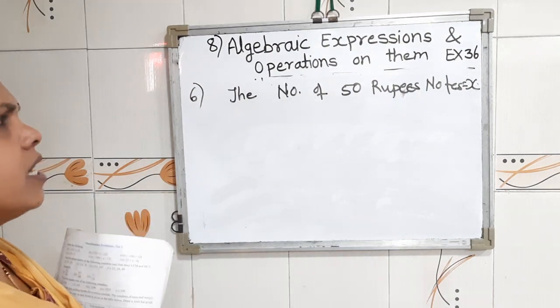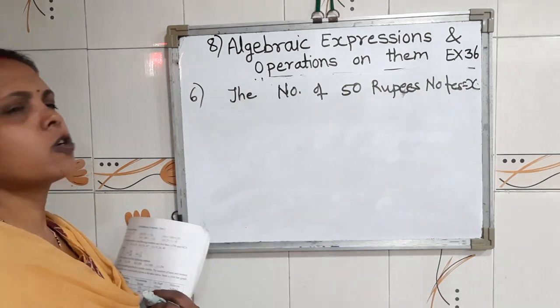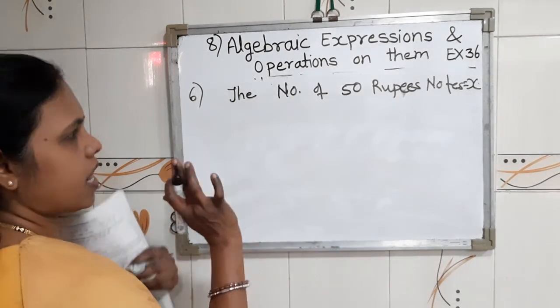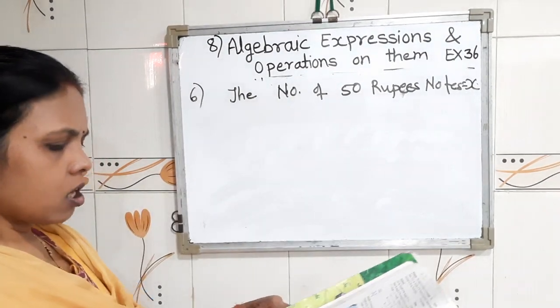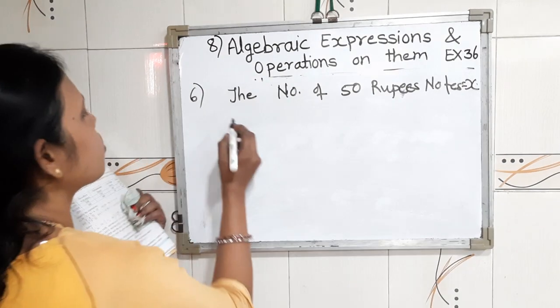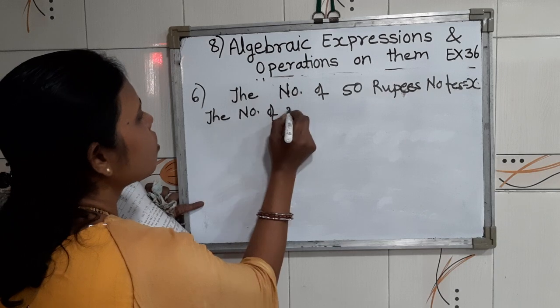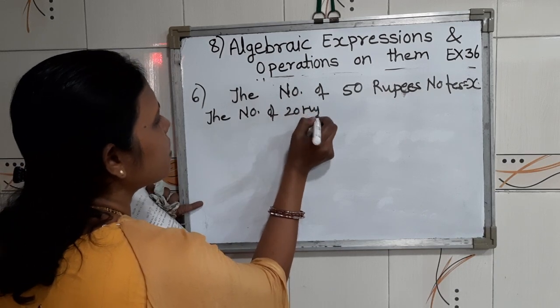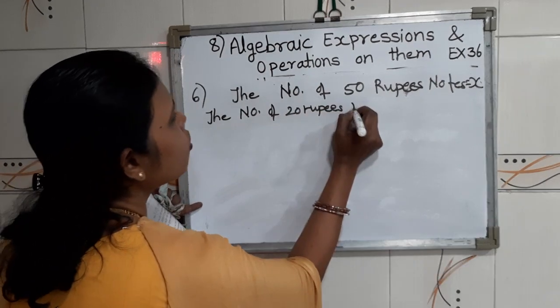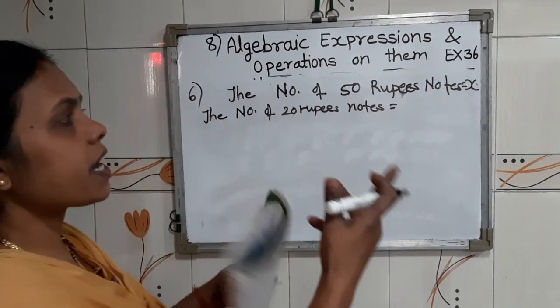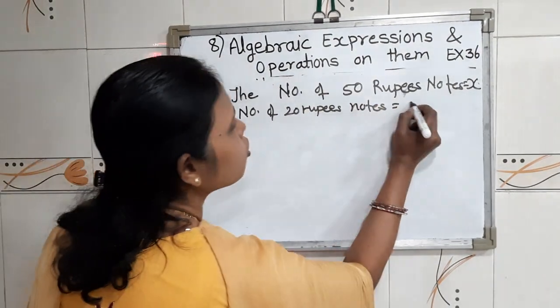Now the number of 20 rupee notes equal to twice of 50 rupee notes, 2x.